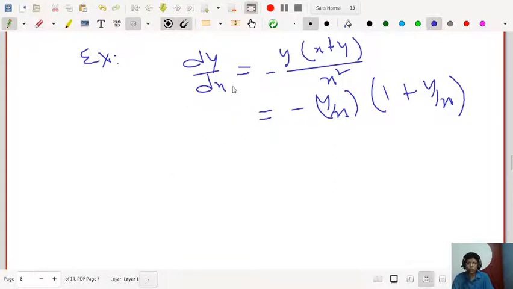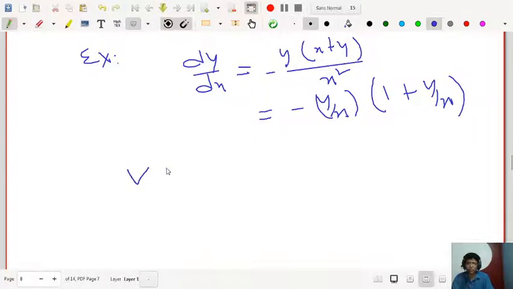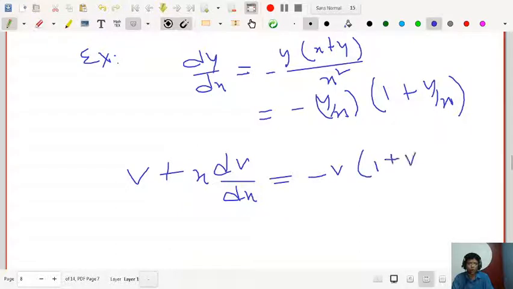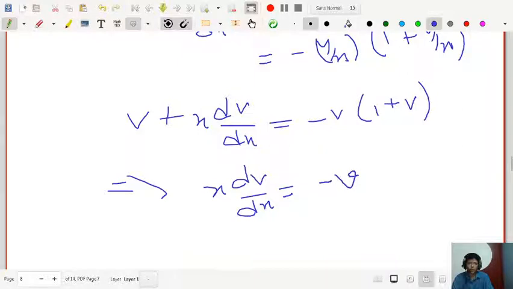So if you substitute y equal to vx, dy/dx is equal to v plus x dv/dx, then this will be v plus x dv/dx equals minus v(1 + v). If you simplify, you will get x dv/dx equal to minus v(v + 2).